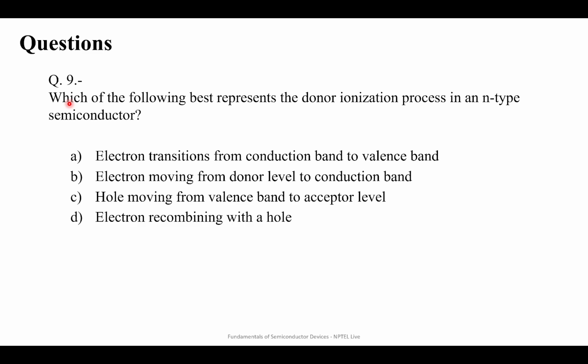So next question, which of the following best represents the donor ionization process in an n-type semiconductor? Electron transitions from conduction band to valence band, electron moving from donor level to conduction band, hole moving from valence band to acceptor level, electron recombining with the hole.